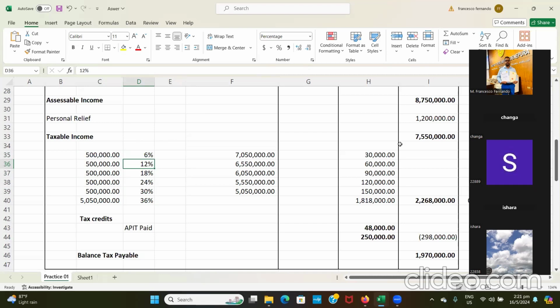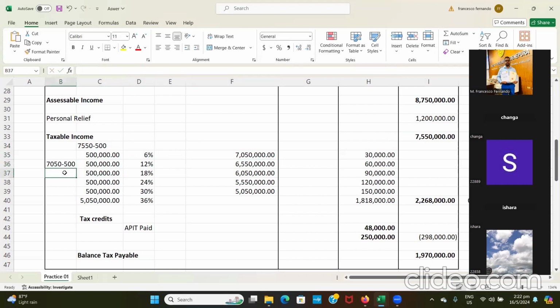Now if you take this 7,750, I'll do it in thousands. If I take the first 500,000 here, I am remaining with only 7,250. Then if I take the next 500,000, 750 minus 500, I am remaining with only this much.